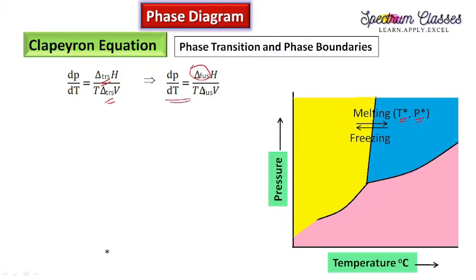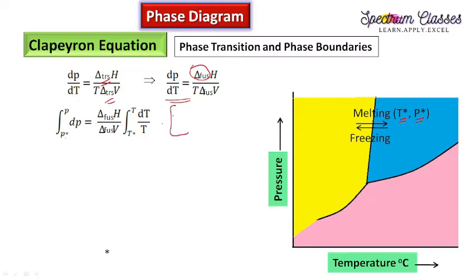So this is the Clapeyron equation, and if we integrate this in terms of change in temperature and pressure, P star to P of dP is equal to delta H of fusion upon delta V of fusion times dT upon T, from T star to T. I can write this for the biology students too.